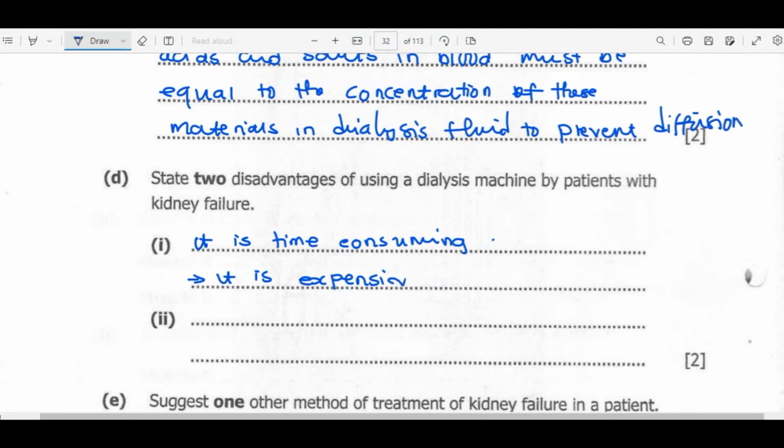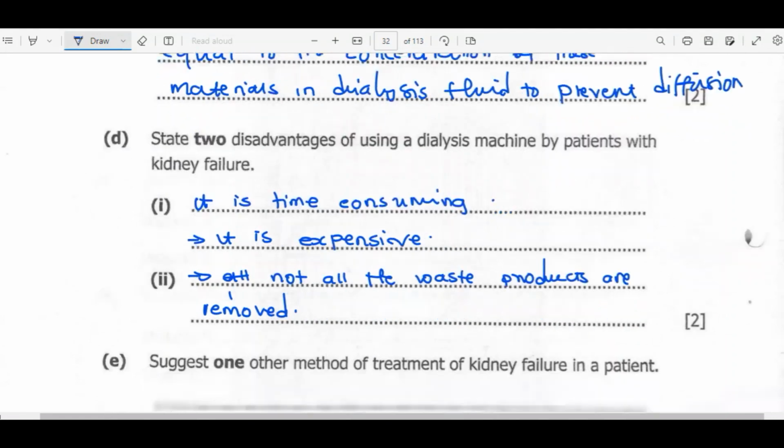Then the other one is that not all the waste products are removed. Then also there is that restriction of the food. There are foods that you are supposed to take for you to have a successful connection of this.